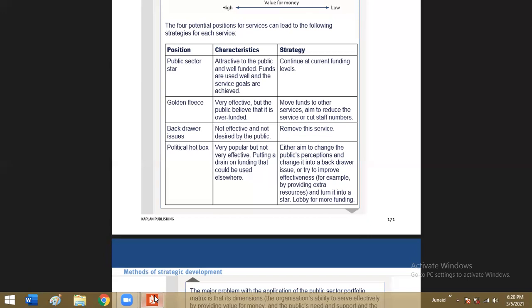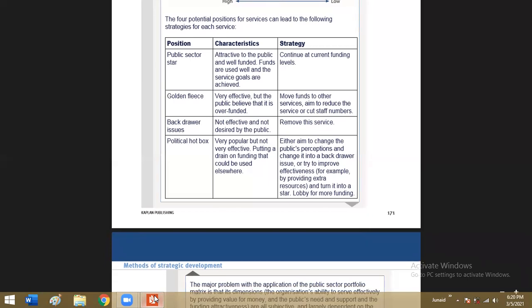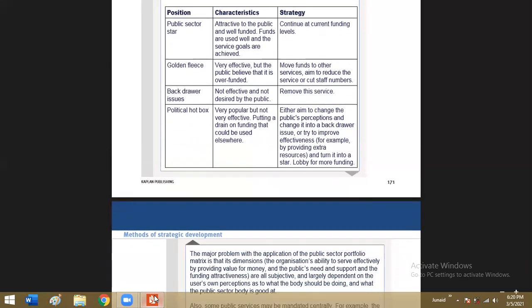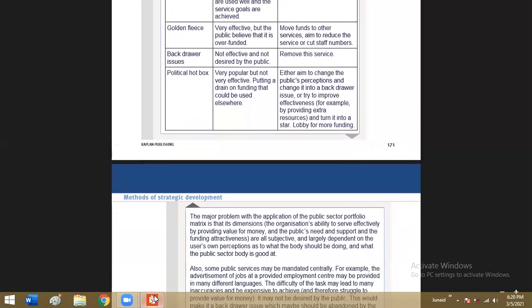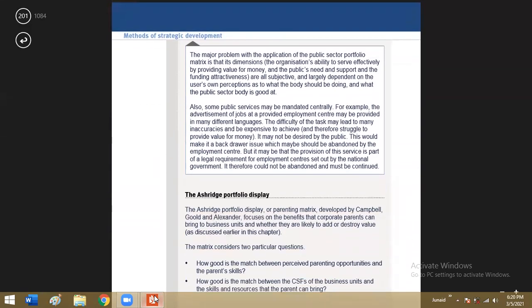If you bear the public perception, improve things and spend those extra resources, then the political hotbox will ultimately convert into a public sector star, because it will change the perception of the public. But you have to bear all the losses and make new investment in that sector as well.